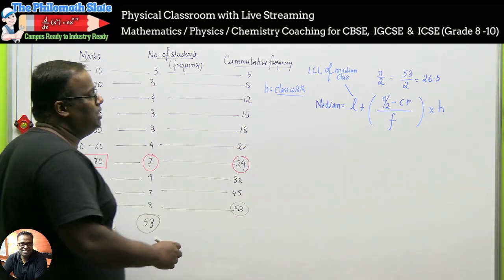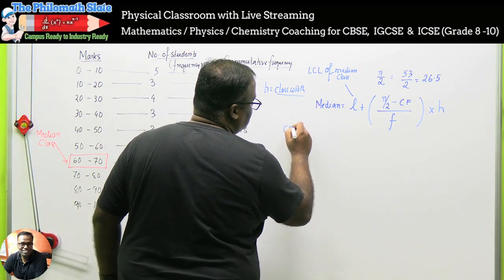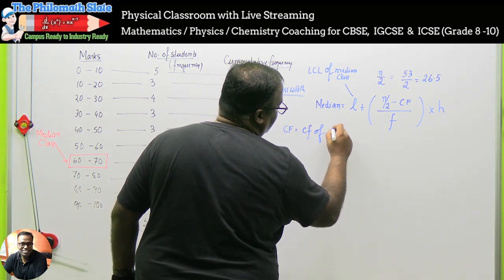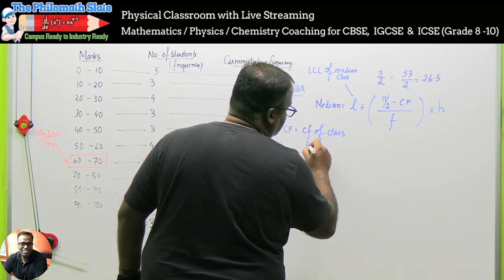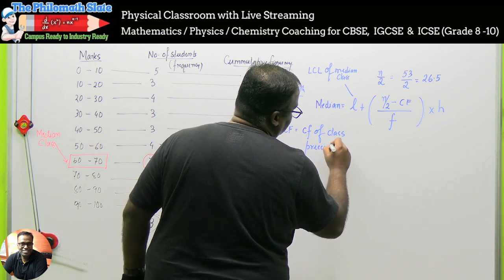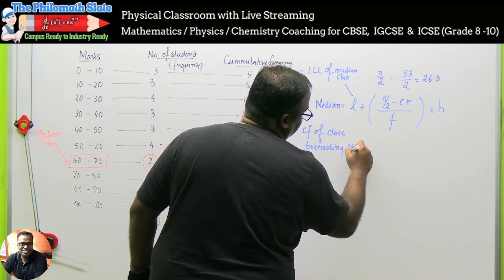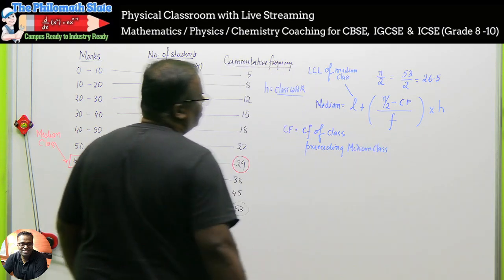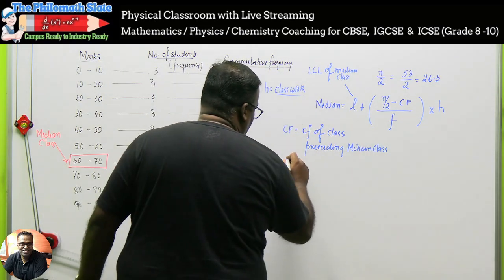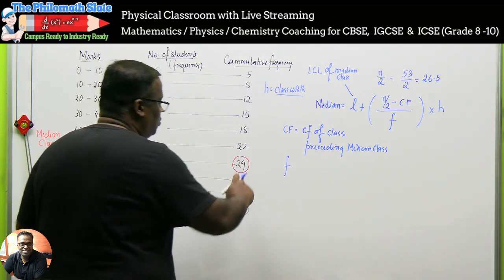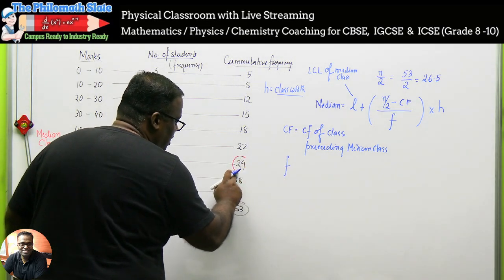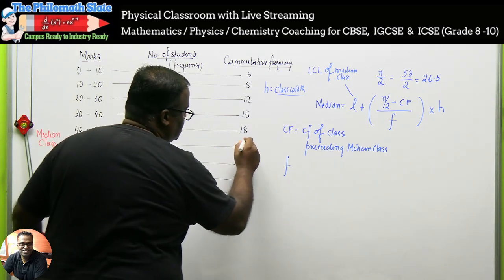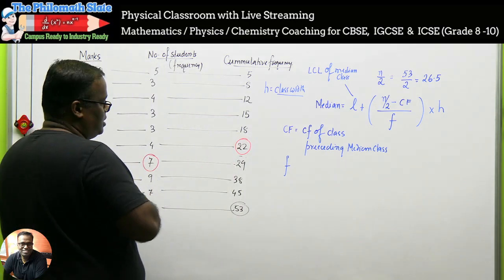So CF stands for CF of class preceding median class. बस इतना ही याद रखना है. नोट्स रख लो, एग्जाम से पहले अपने आप आ जाएगा. ऑफ फ्रीक्वेंसी यानी कि विच वन यू आर इंटरेस्टेड, इसमें सर्कल नहीं करके आप सर्कल इसमें कीजिए. दिस इज द CF that is relevant for us.